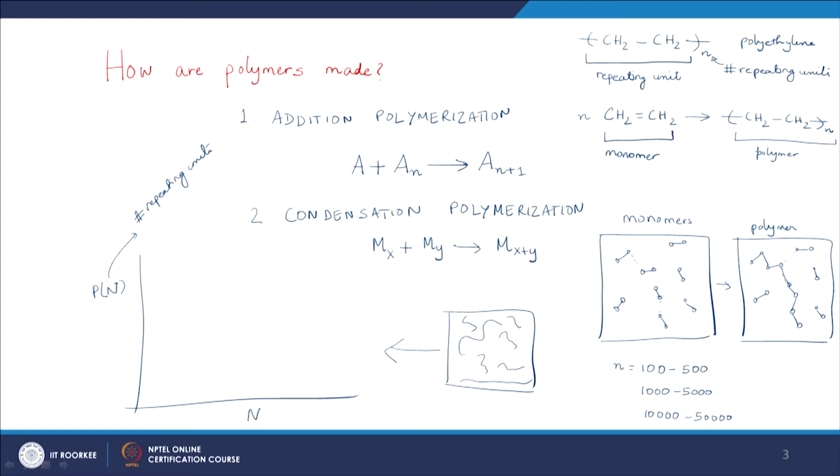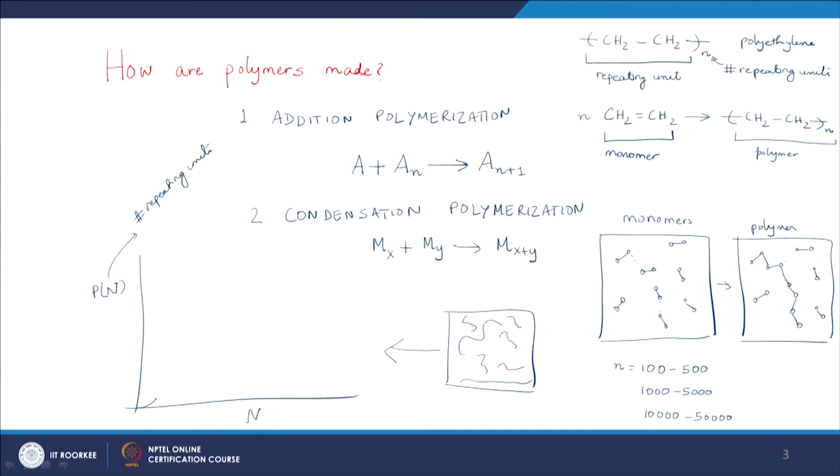And if I plot a probability distribution of that, that means that if I am looking at a polymerization reaction that produces polymers in the range of 100 to 500, you will have certain values of n which are more probable and certain less probable. So, in most cases you will have a distribution that looks like a Gaussian distribution.